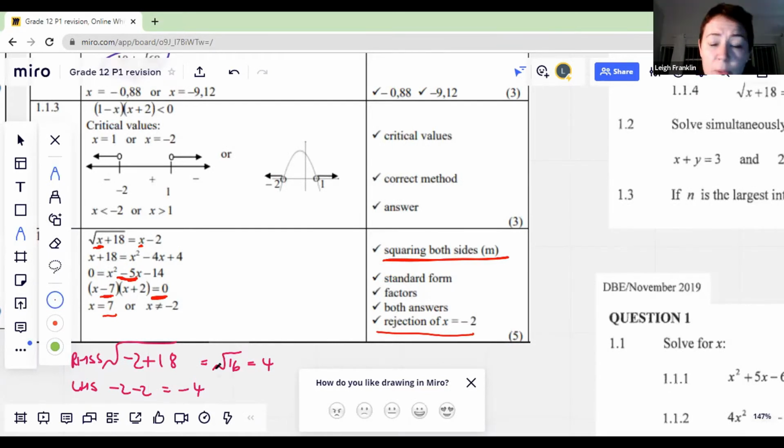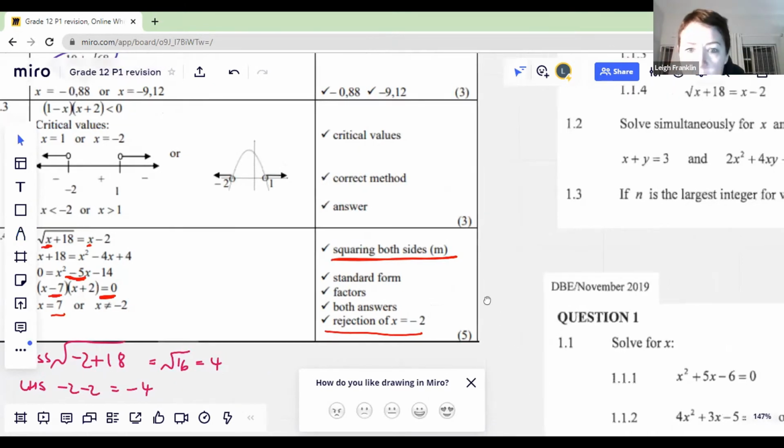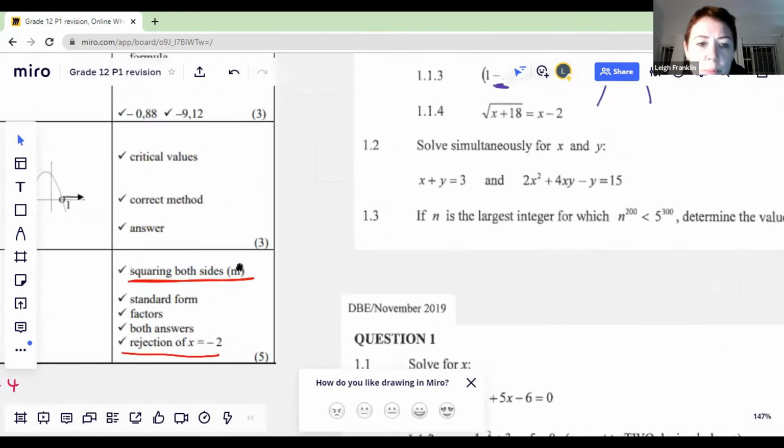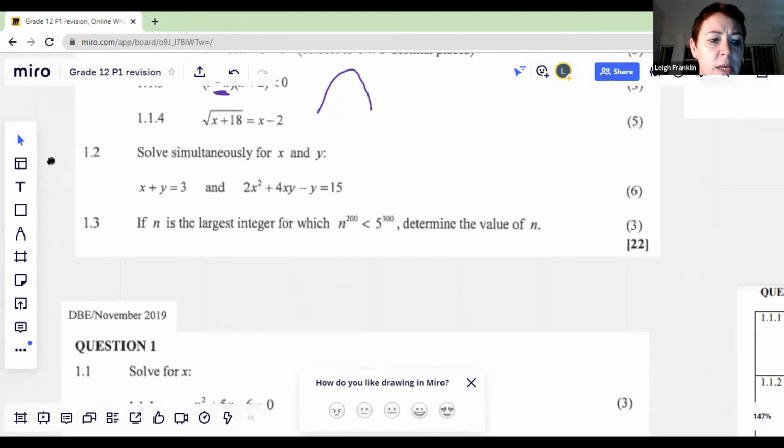Is everybody happy with why that happens? Don't forget, when you square both sides, you've got to check whether both solutions are valid. Okay, so let's go back. The next question that's super important for us to be able to do is to solve simultaneously.